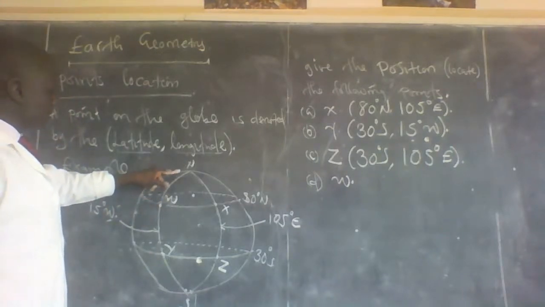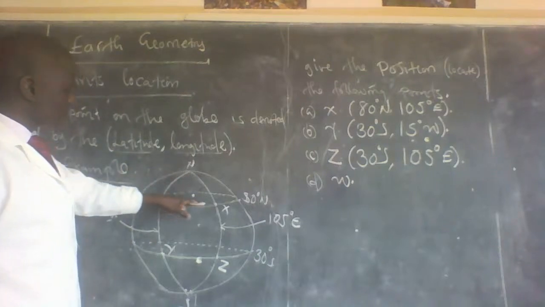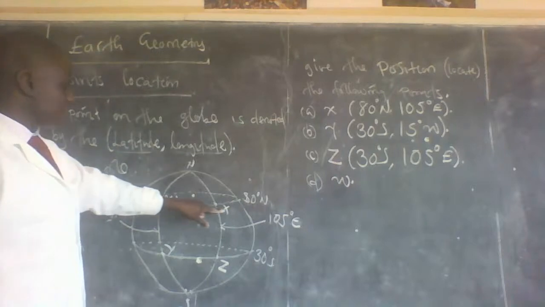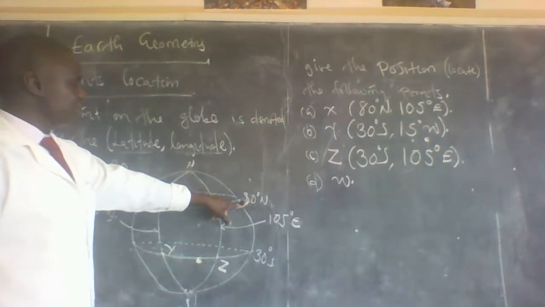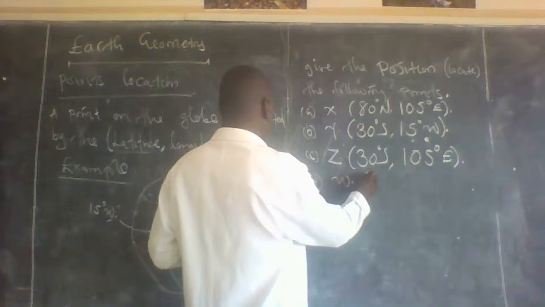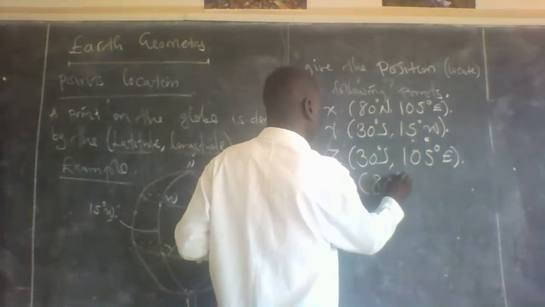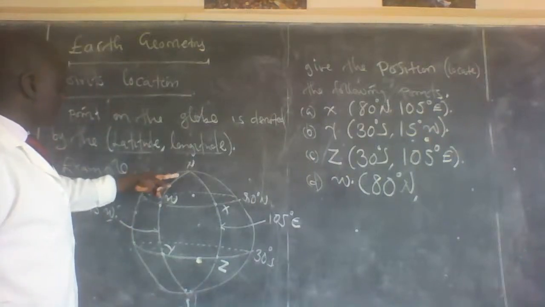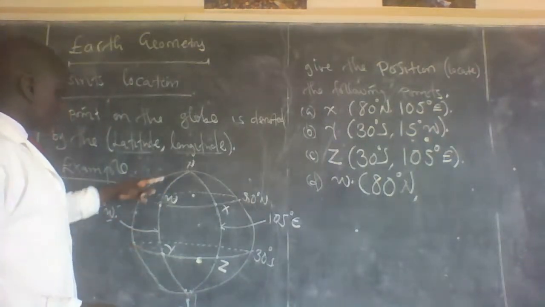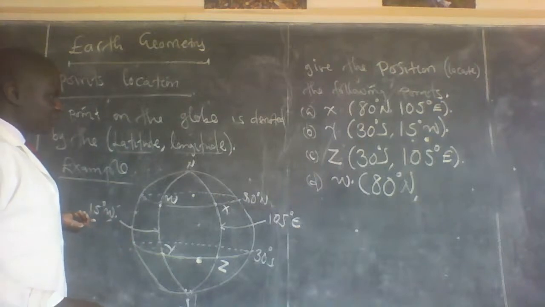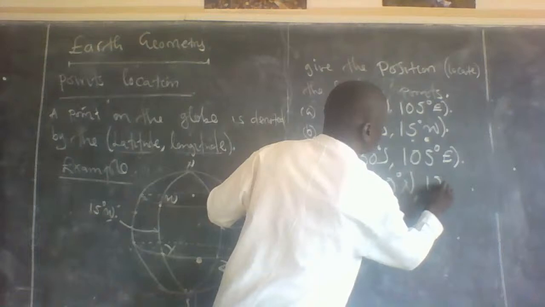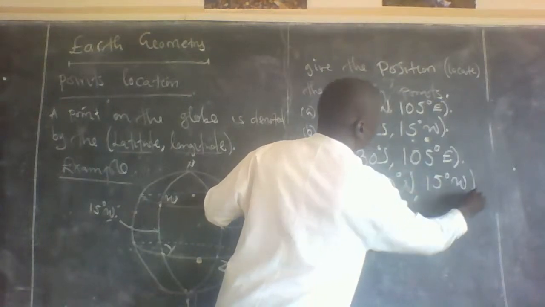You will find that the latitude on which W is sitting is the same as X, which is 80 degrees north, comma. Then the longitude on which W is sitting is 15 degrees west.